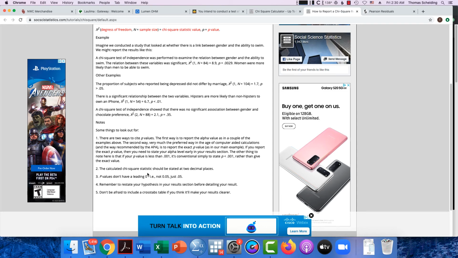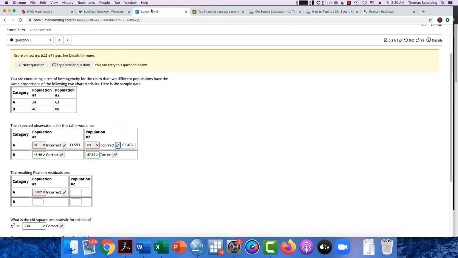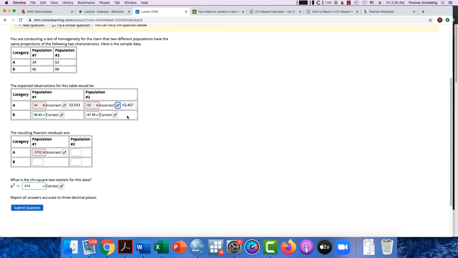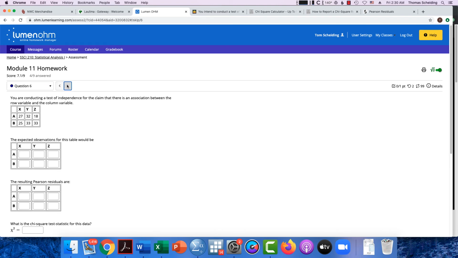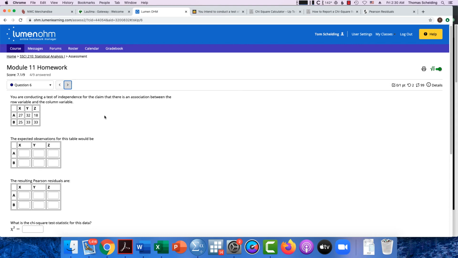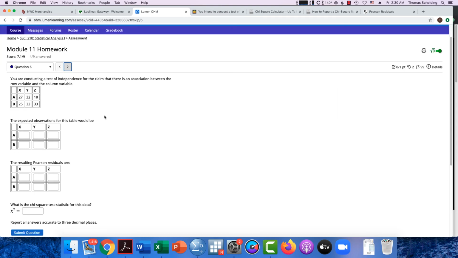In this case, we'd be talking about the association between populations and categories here. Okay, so you're just going to repeat that for this right here. I'm not going to do this, but again, you can skip the Pearson residuals.